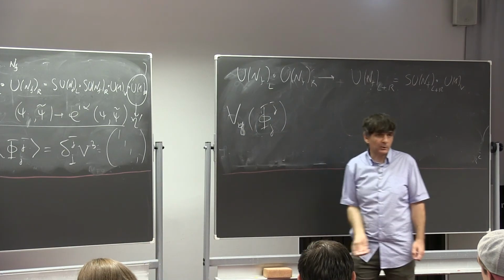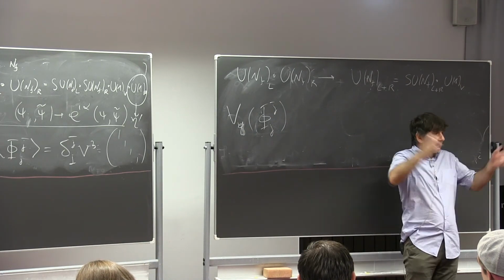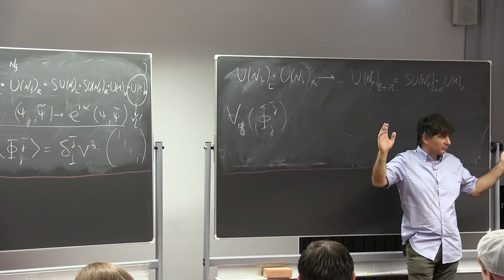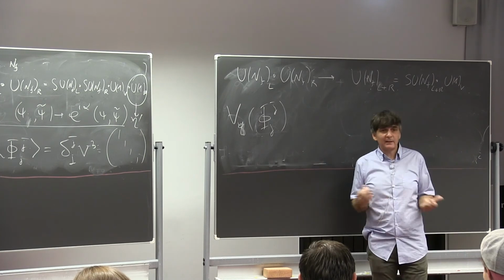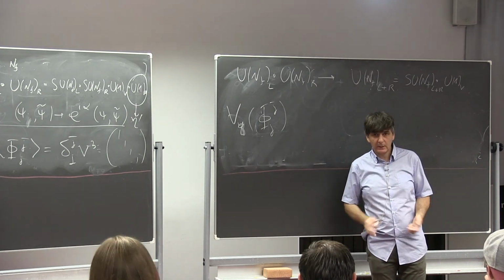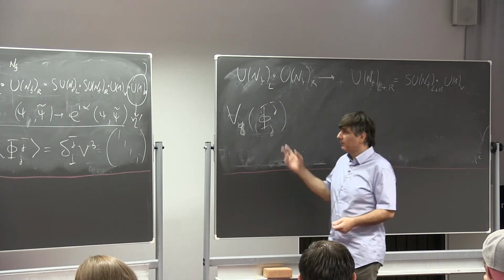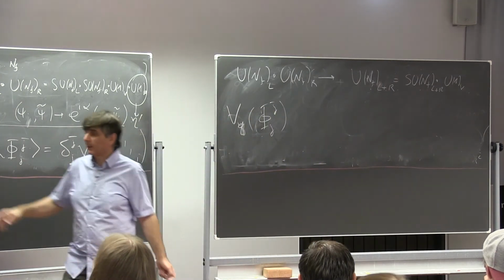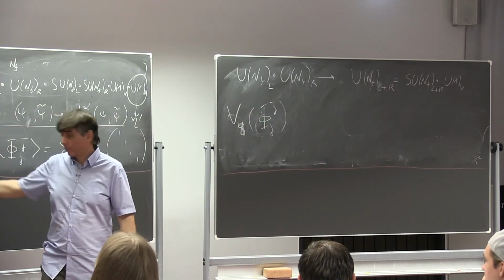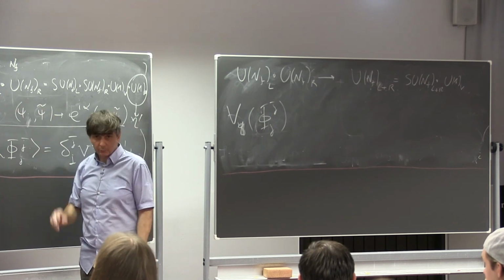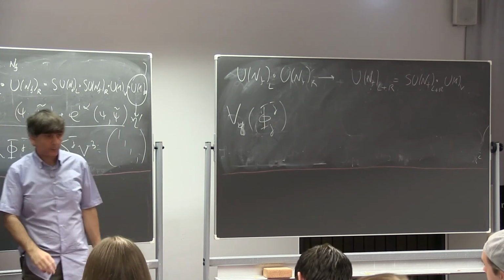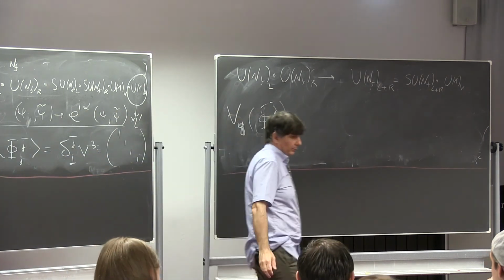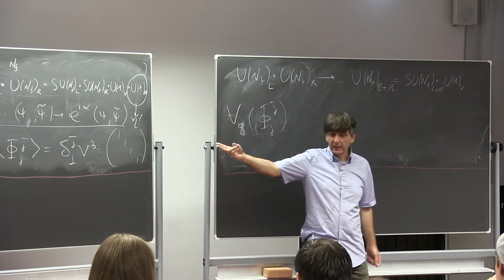Now, this effective potential will probably contain an infinite number of terms. It will be very complicated, but it contains a finite number of invariants with respect to the original group. Of course, this order parameter is colorblind, but it has flavor indices.